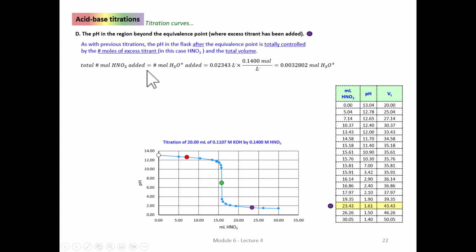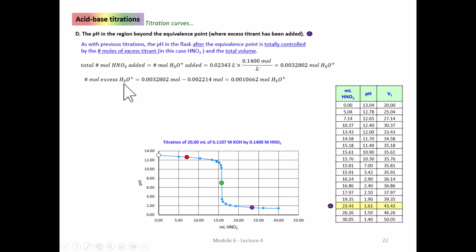Now, the total number of moles of nitric acid added, or the total number of moles of hydronium ion, at the 23.43 milliliter mark in the titration curve would be the volume of that titrant added times its concentration for a total of 0.003280 moles of hydronium ion.